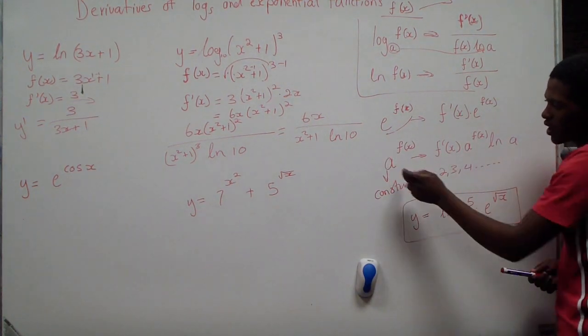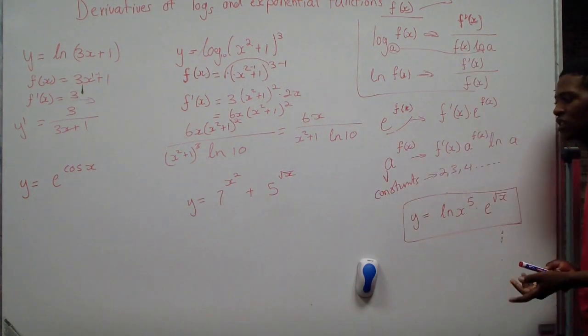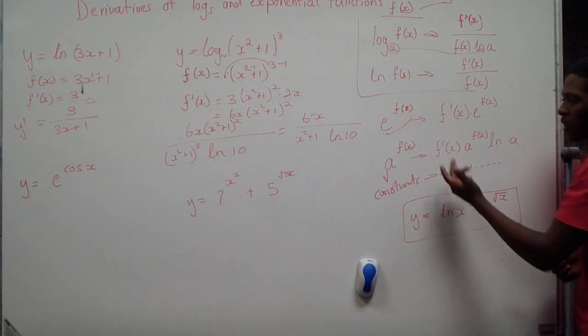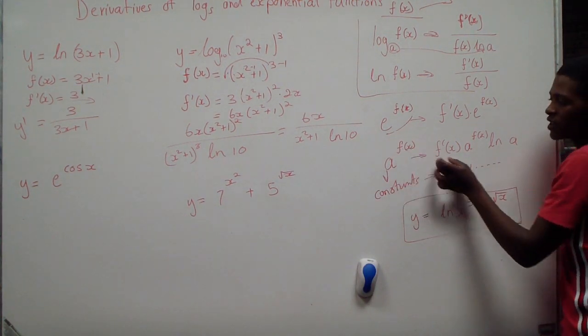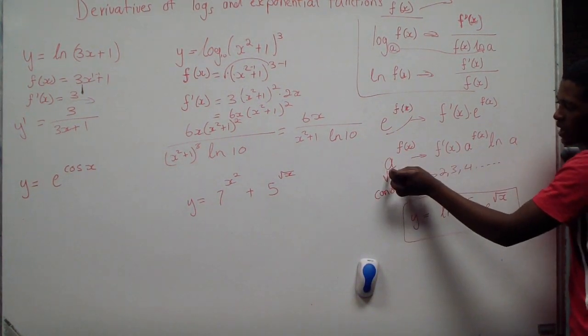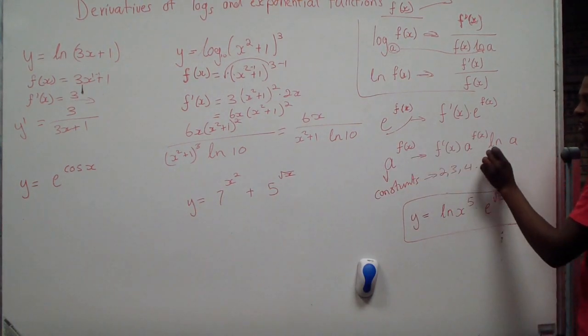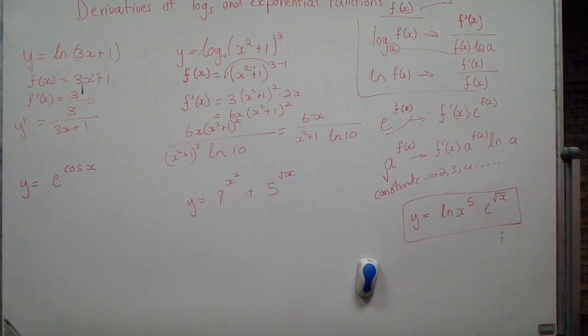And if you are having a constant to the power of a function, it's impossible to derive it directly, but you can derive it using this formula: the derivative of my function multiplied by a constant to the power function, ln of a, ln of my base or my constant.